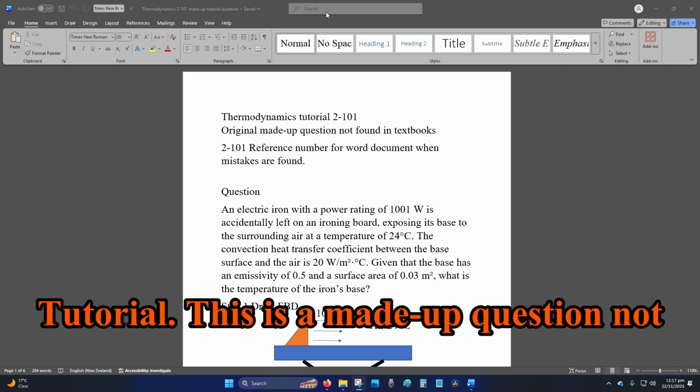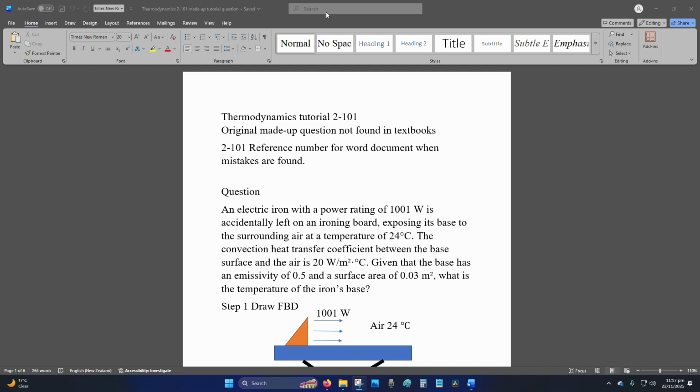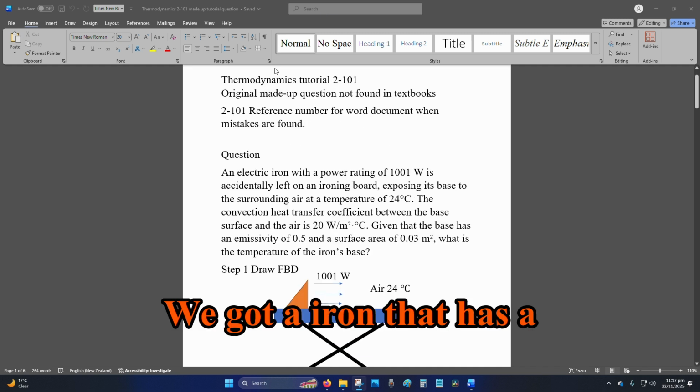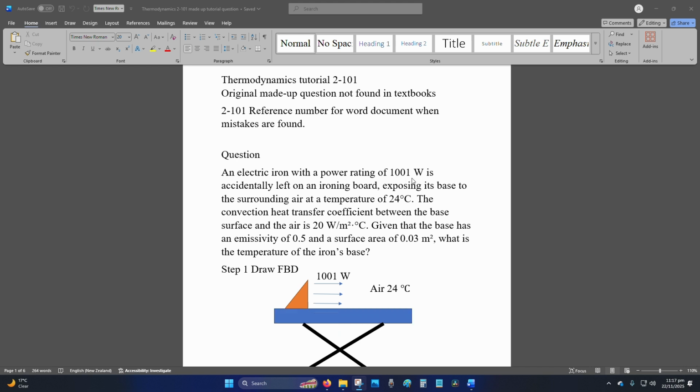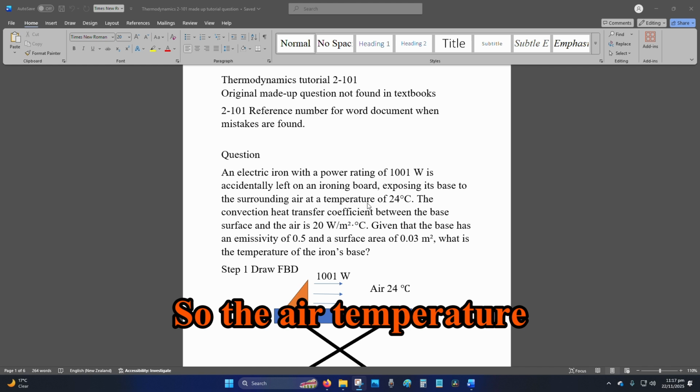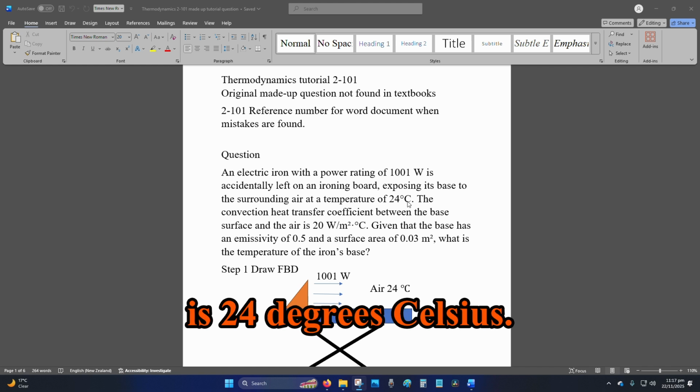This is a made-up question not found in your textbooks. We've got an iron that has a power rating of 1001 watts. The air temperature is 24 degrees Celsius.